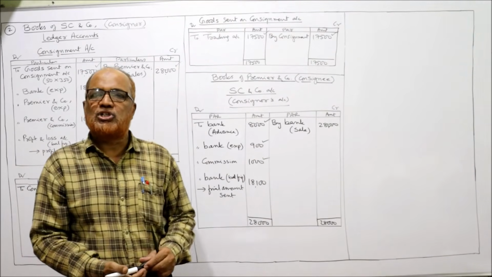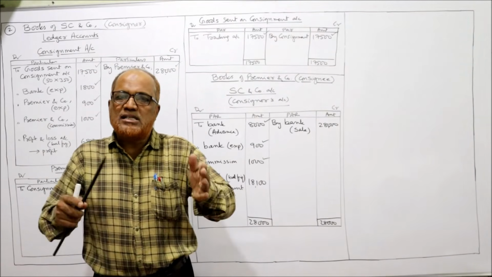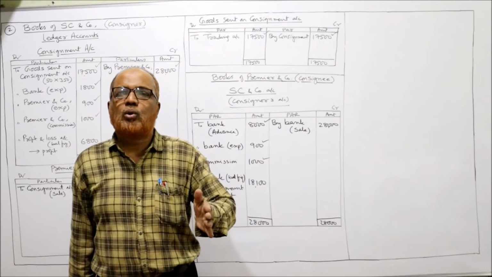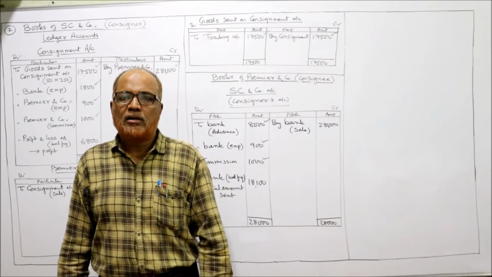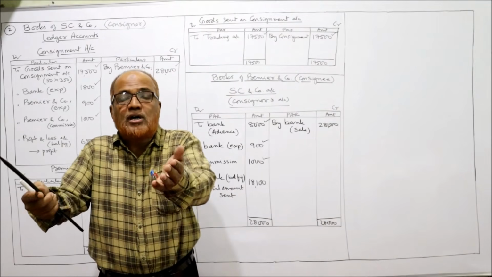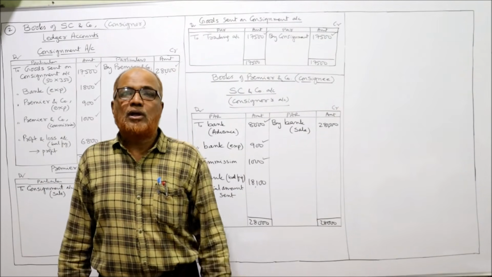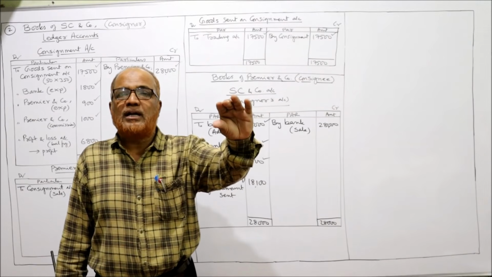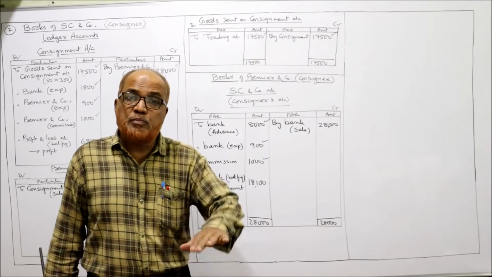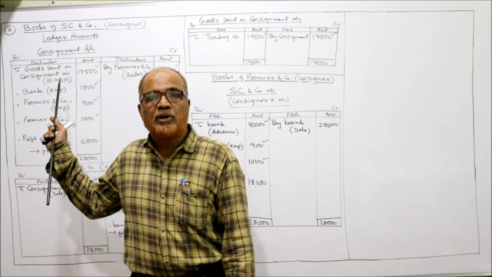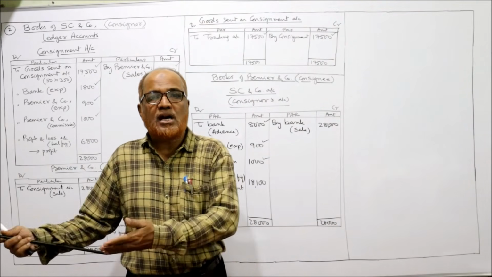Now sale proceed. The consignee has sold all the goods for 28,000 rupees. So they have received 28,000. The bank account is debited 28,000 because they have received. But this 28,000 rupees belongs to whom? It belongs to SC and Company, consignor.